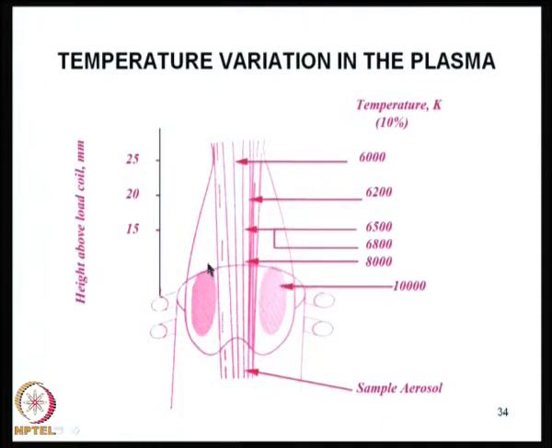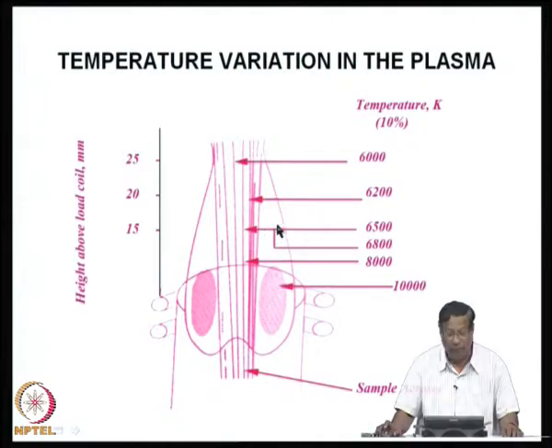Slightly above that, it is about 8,000, and then somewhere in this region you will see the temperature profile to be around 6500 to 6800, and this is approximately 15 millimeter. Now, between 15 mm and 20 mm, the temperature again drops down to 6200, and above this region is the absolutely transparent region.